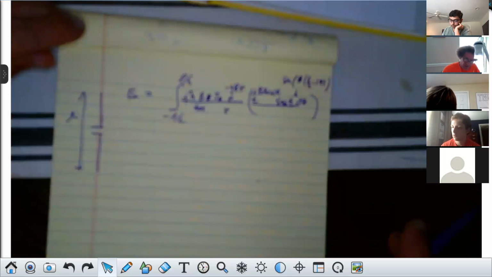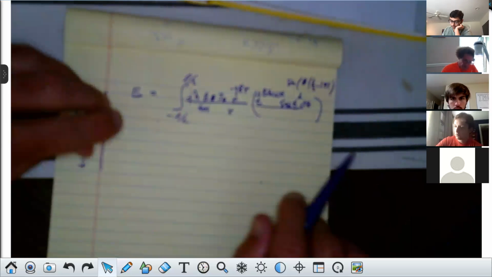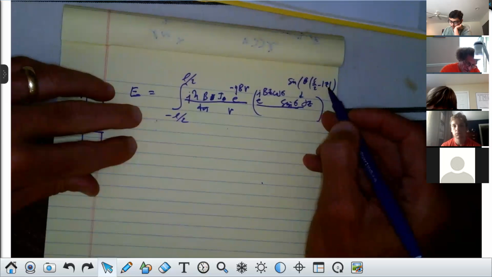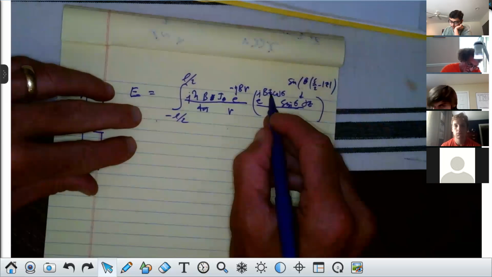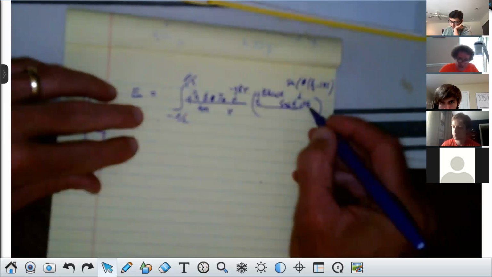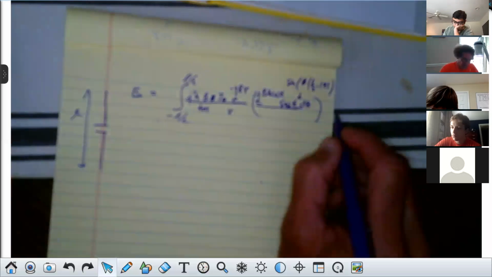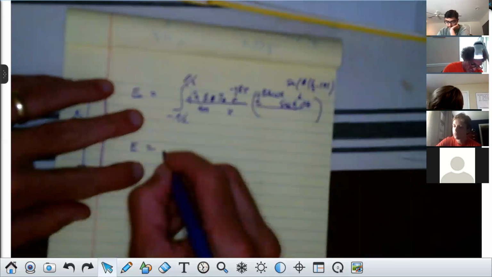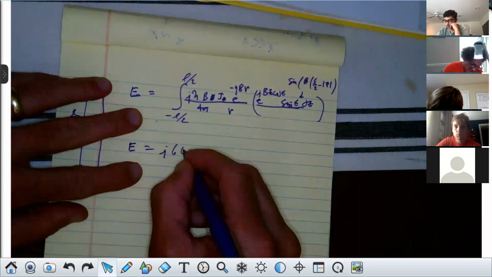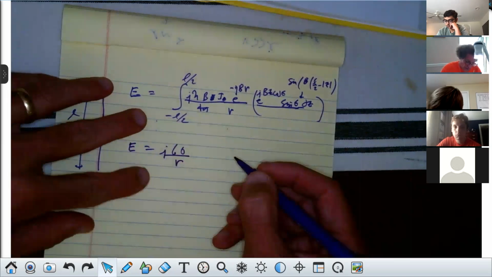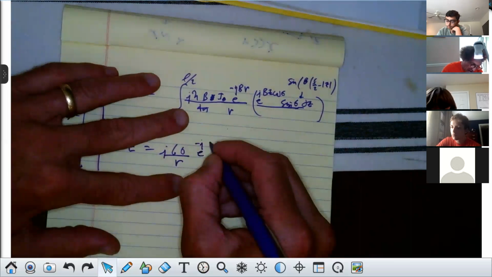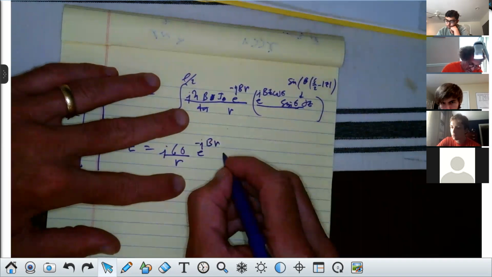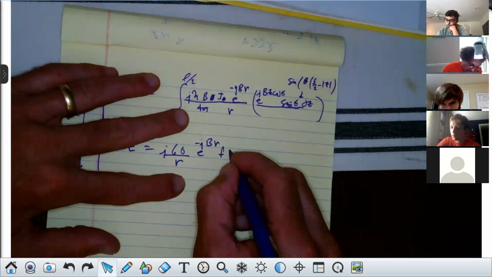So after you're done with this, this is the thing you take from it. This is an integral. You have sine beta times L over 2 minus magnitude of z here. You have e to the j beta z cosine theta here, and you integrate dz. It's a more difficult integration. But when you're done, you get this, and this you write down. E is equal to j times 60 over r times e to the minus j beta r, times something I call small f of theta.